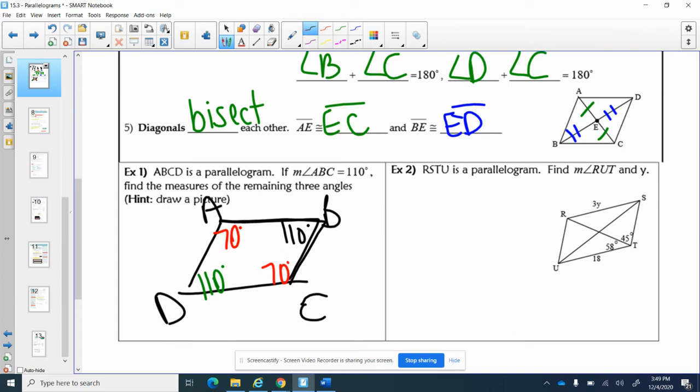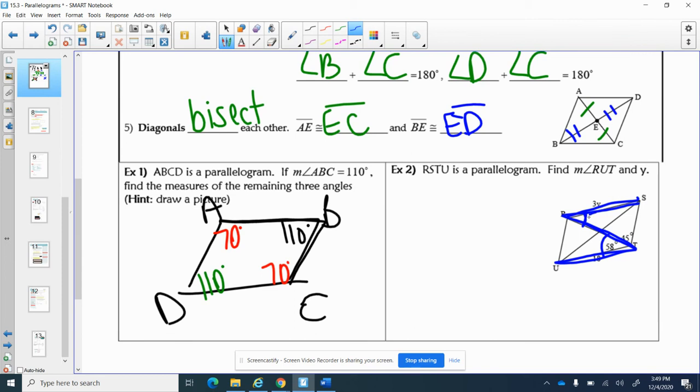Now, this also being said, we need to be careful of our measurements. Because of this whole parallel factor, where we talked a lot about alternate interior angles, we know that the alternate interior angles have to be congruent, aka these curves, if you will, on the angle. So that's something to note.